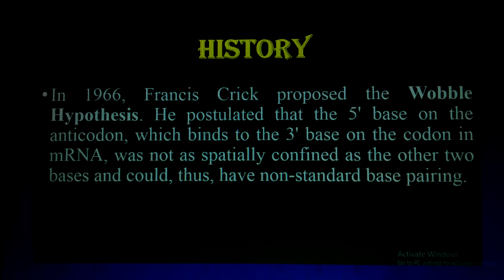Wobble hypothesis was proposed by Crick in 1966, and you are familiar with Crick, Watson and Crick, who proposed the DNA model. According to Crick, the base present at the 5 position of the anticodon binds with the base at the 3 position of the codon. I will show you how.